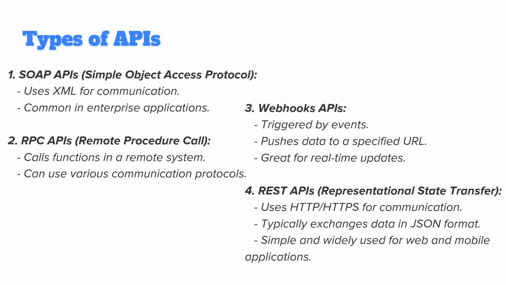Then we have webhooks. These are protocols used for sending real-time notifications from one application to another. Webhooks use HTTP callbacks to notify a destination URL when a certain event occurs, such as a new user sign up or a payment confirmation. Then finally we have representational state transfer APIs. We will talk more about REST APIs in the next slide.